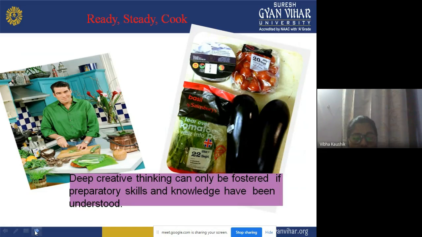Deep creative thinking means when you want to develop deeper creative thinking amongst the students, when you want that skill to be developed in your students, it can only be fostered, it can only be developed, if preparatory skills, meaning skills that are already known, are in place, the students are ready for that, and knowledge has been understood and they have the knowledge of that particular thing. Then only can creative thinking be developed among them.